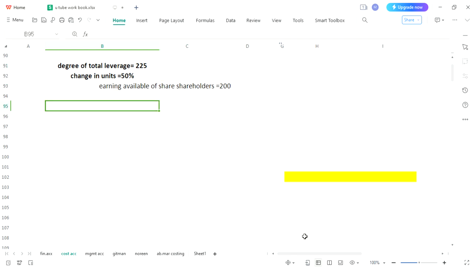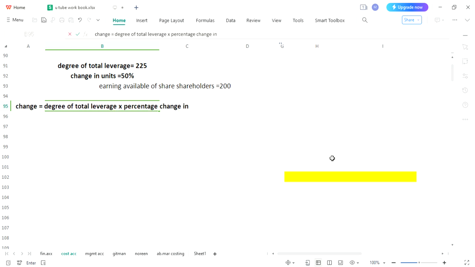Now we will see the change in total. You will calculate with what? Degree of total leverage. You will use it and multiply it with percentage change in units.